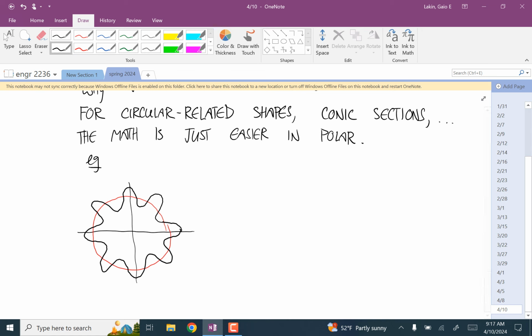Imagine trying to do that in rectangular coordinates. In polar, this just has the form r is equal to 5 plus cosine 8 theta. Why would you ever want to do this shape? I don't know. But if you ever see a shape with a circular base and these sinusoidal fringes on it, imagine what that would look like in rectangular. This is what it looks like in polar. It's just so simple.